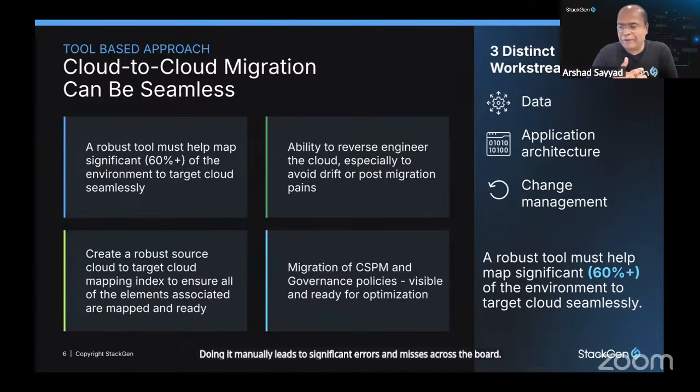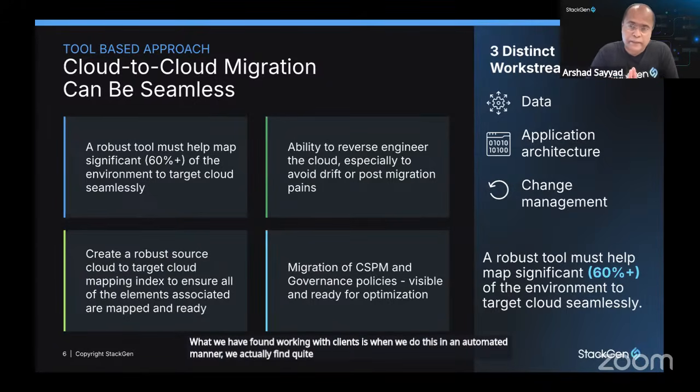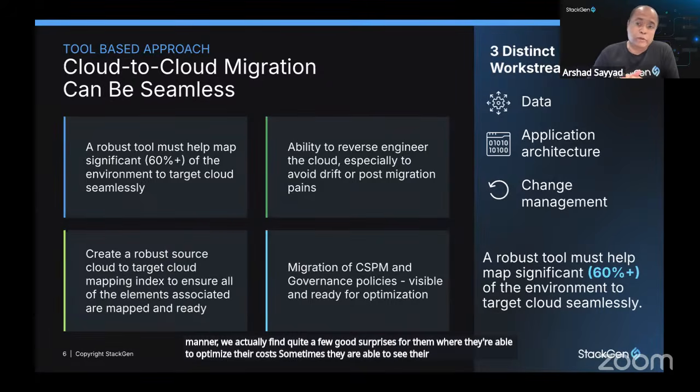What we have found working with clients is when we do this in an automated manner, we actually find quite a few good surprises for them where they're able to optimize their costs. Sometimes they are able to see their exposures. They're able to figure out they have a lot of resources that probably they needed to optimize anyway.